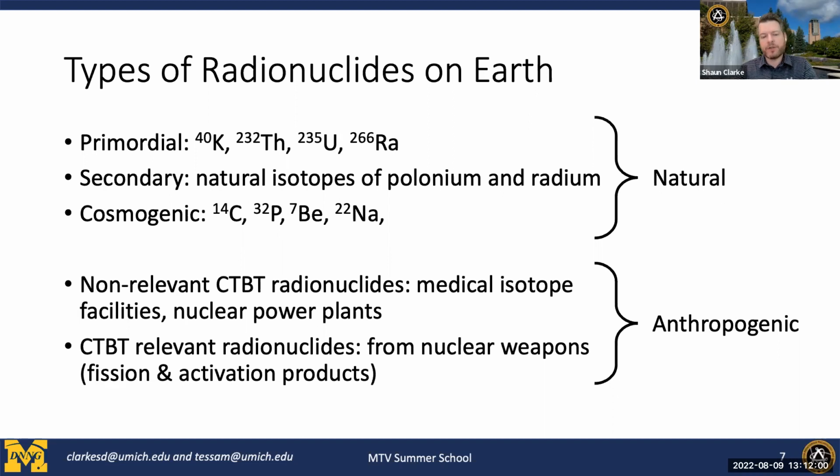Both of these facilities can emit radioactive emissions, and those can be collected in our atmospheric IMS samples and interfere with our ability to detect radioxenon in those samples. We'll talk later about how we can mitigate this background in some ways. Slide, please.